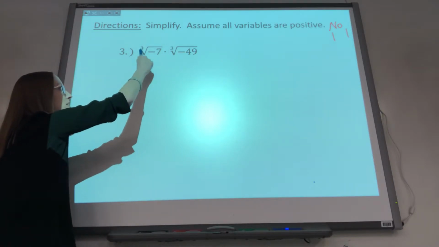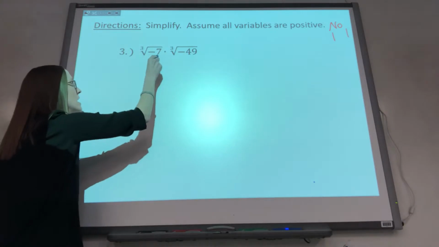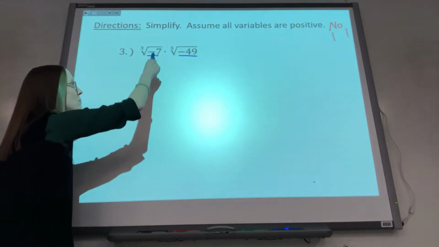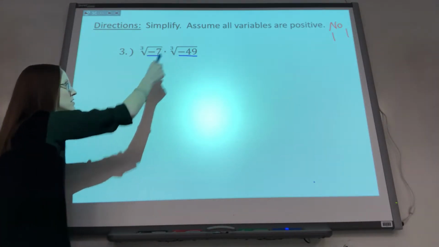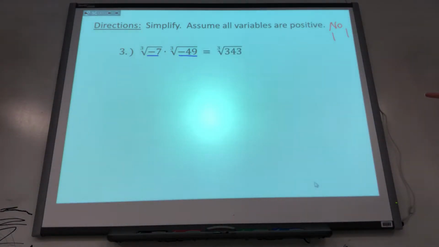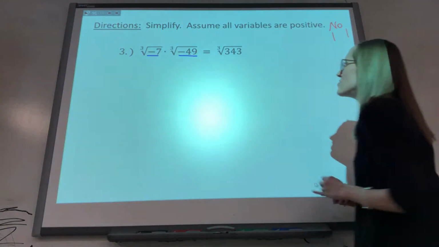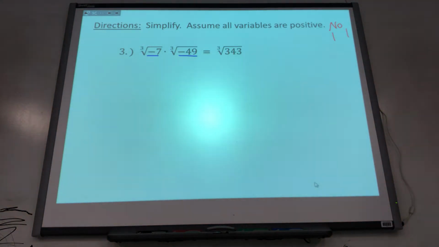Because these are the same types of roots, cube root, I can just go ahead and multiply the numbers underneath. If you take -7 times -49, that should give you 343.